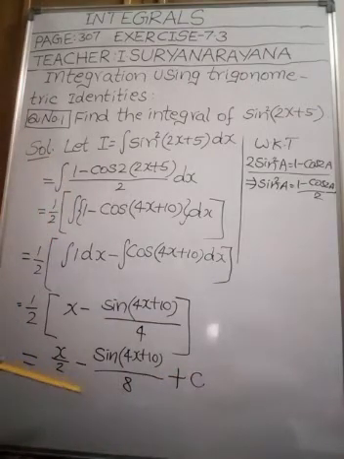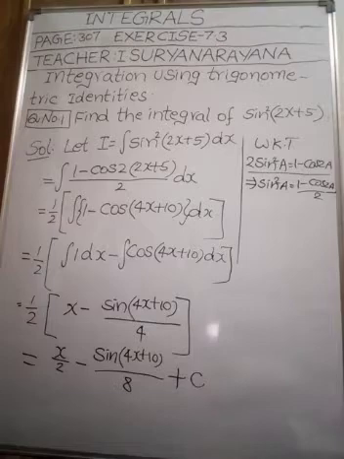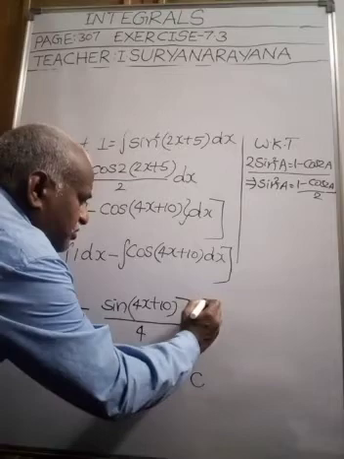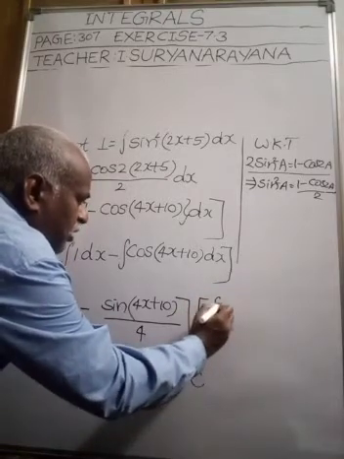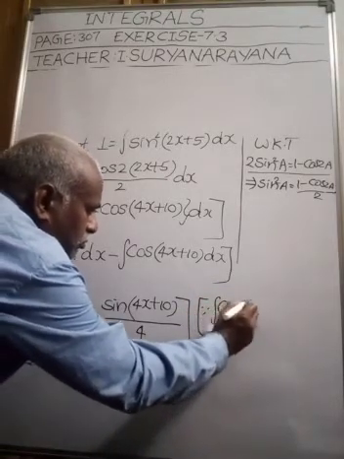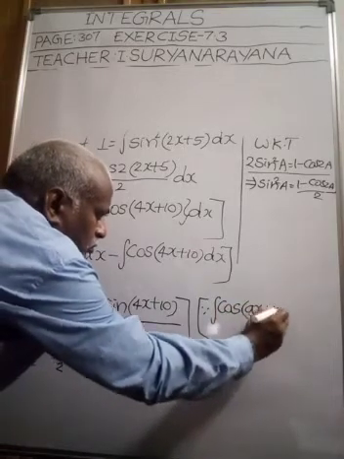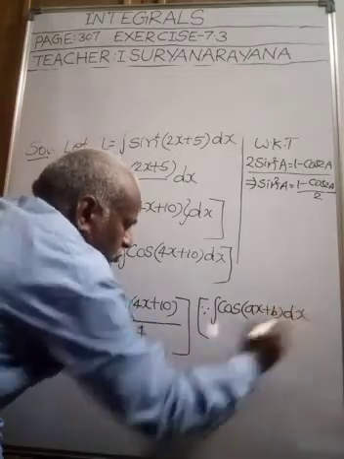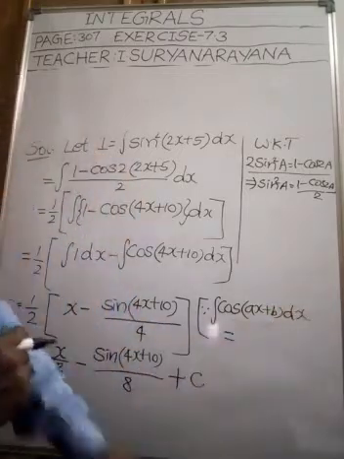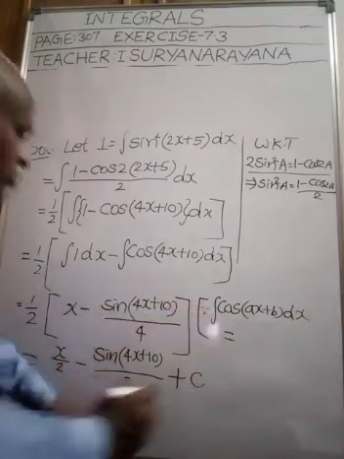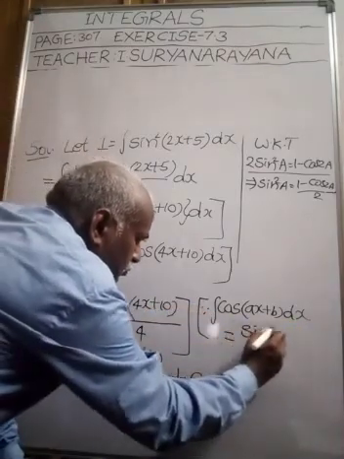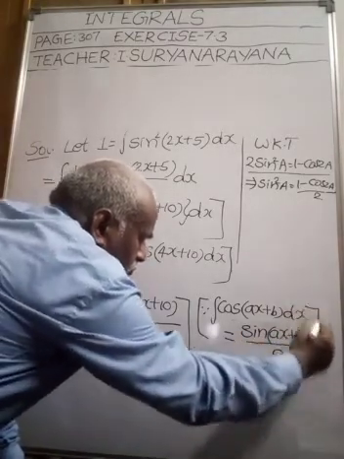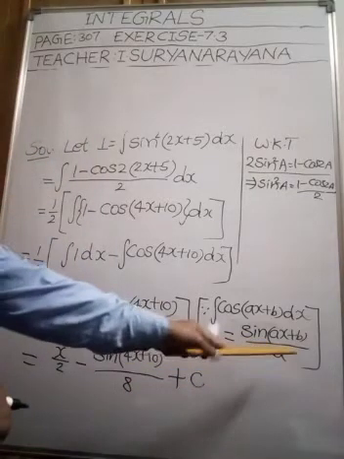I forgot writing the formula here. The integral of cos of ax plus b dx is equal to sin of ax plus b whole divided by a.